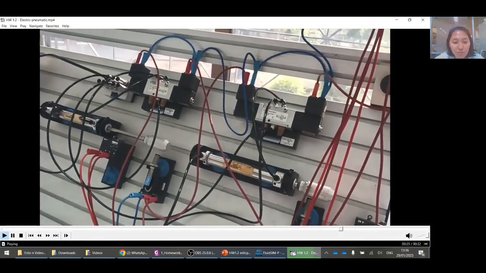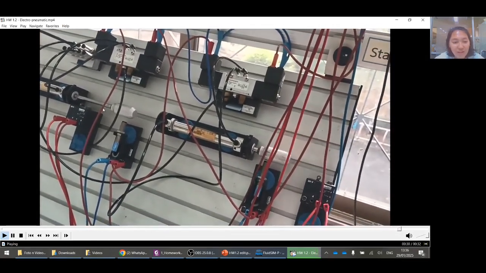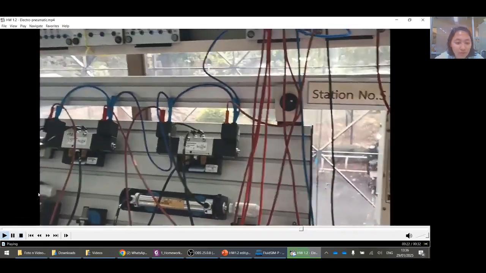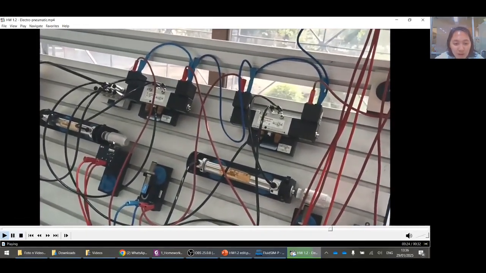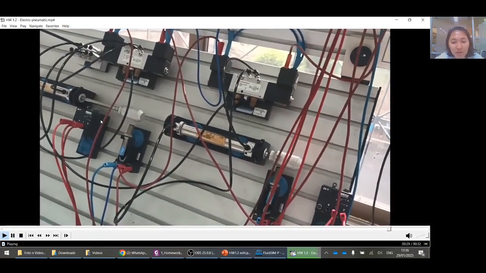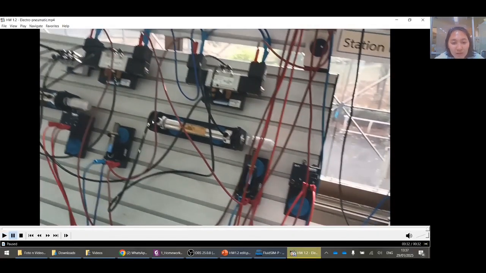After I press the push button, it goes A plus, B plus, B minus, and I will show again. Press the push button: A plus, B plus, B minus, A minus. This is just to show the electropneumatic system, but it is not the same as the homework that I explained.